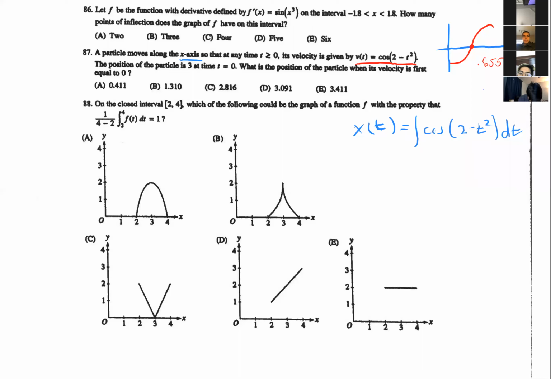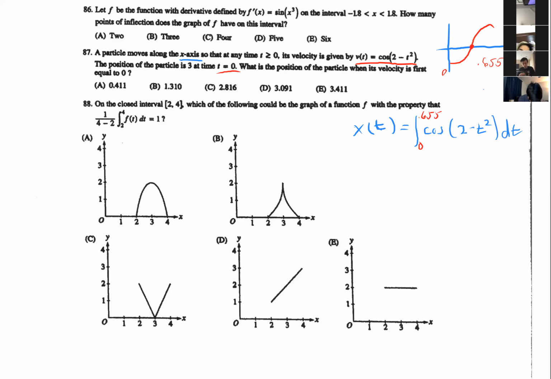And we started at t equals 0. So you're undoing the rate of change from where we started to where the velocity is 0. So from 0 to 0.655. And you would plug this into your calculator, and this will give you the new position on the x-axis. So it says we're starting at t equals 0.